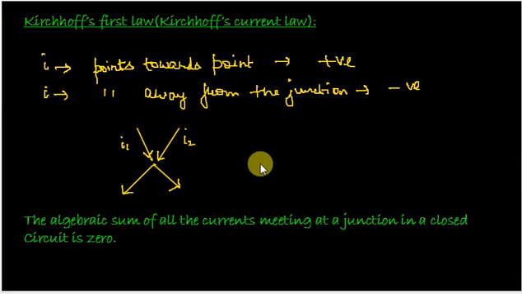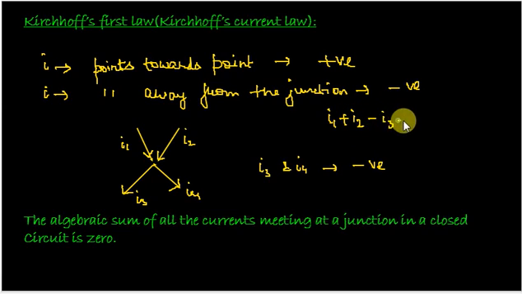Therefore, I3 and I4 would be negative. So it gives us the condition that I1 plus I2, and when I say plus I3 and plus I4, it actually means minus I3 and minus I4 because they are negative, and that is going to be 0. That is what Kirchhoff's first law, or Kirchhoff's current law, is all about.